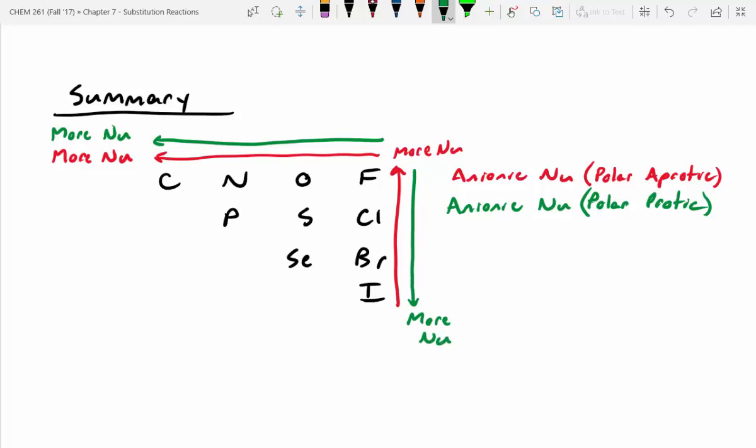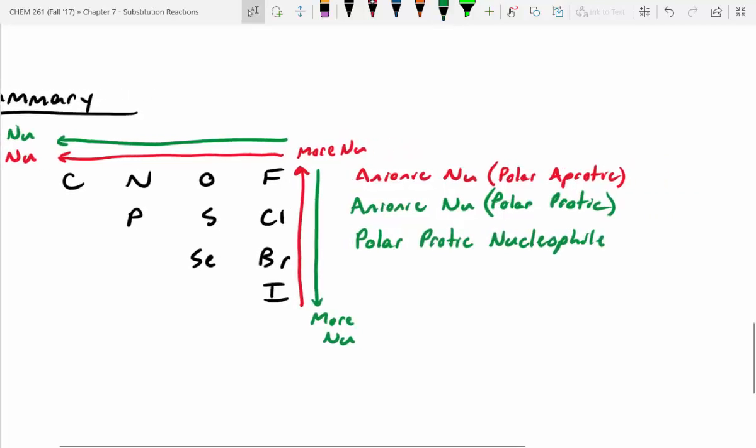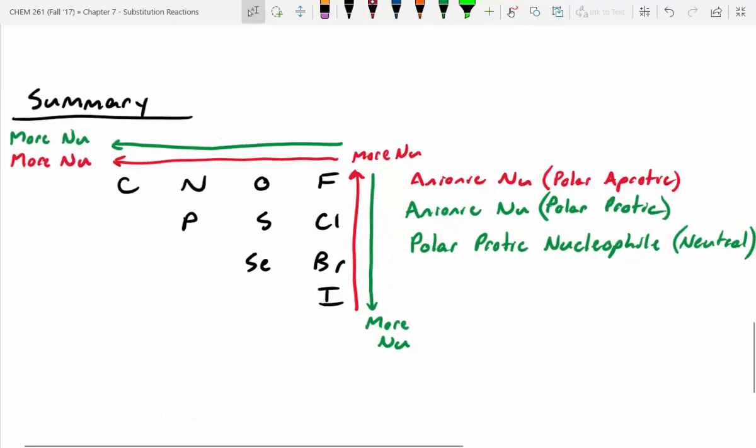And then last but not least, we've got one last trend, and that is for polar protic nucleophiles. These are ones that are neutral. So I'll just write N-E-U-T-R-A-L. We'll spell it all out. And in this case, it still follows those green arrows, right?